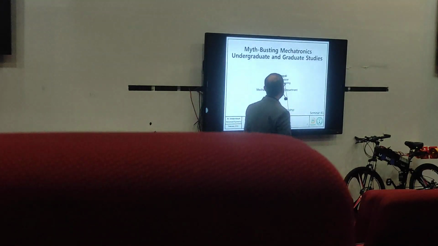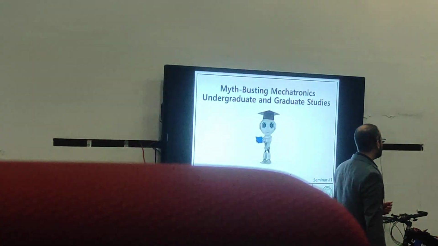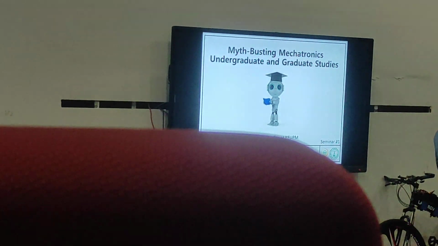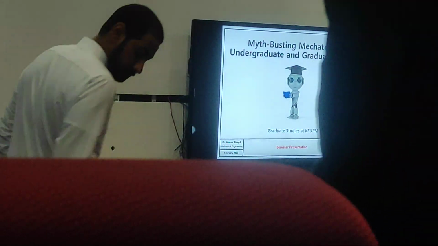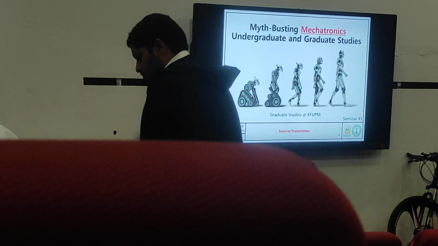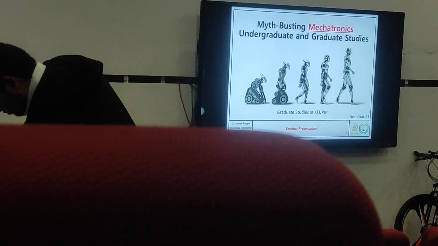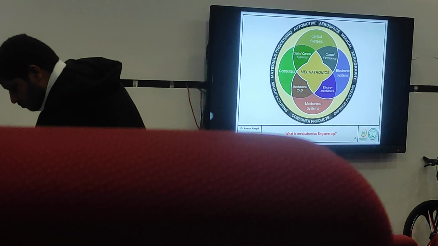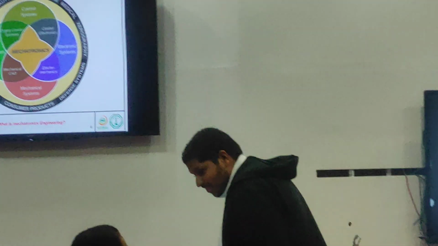So when we're talking about the concept of myth-busting mechatronics for undergraduate and graduate studies, we're looking at the concept of studies, the concept of research. Before we even start, let's look at the word mechatronics, how robots actually evolved. Mechatronics is a discipline of multiple disciplines.